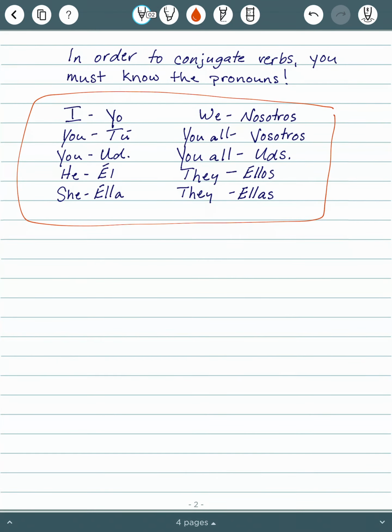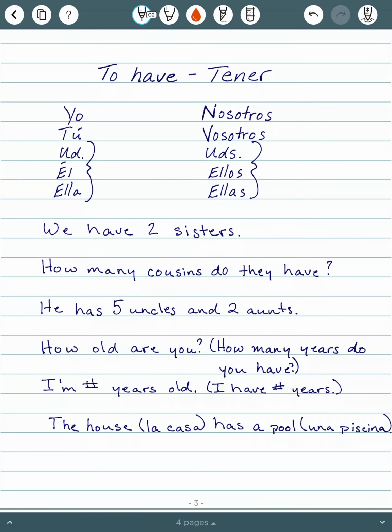If you don't have these memorized, you should stop right here, work on those for a bit. If you'll go to YouTube and just search Spanish pronouns or maybe Spanish pronoun songs, there are lots of videos on there explaining what they are and what the difference is. Lots of stuff. So check that out.